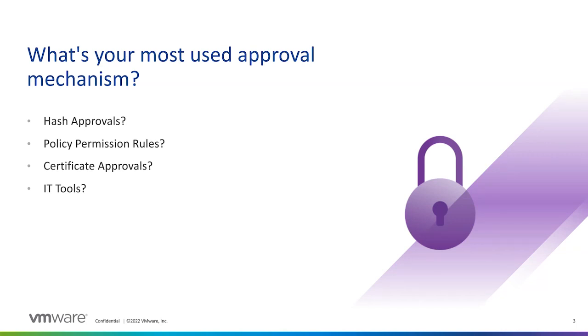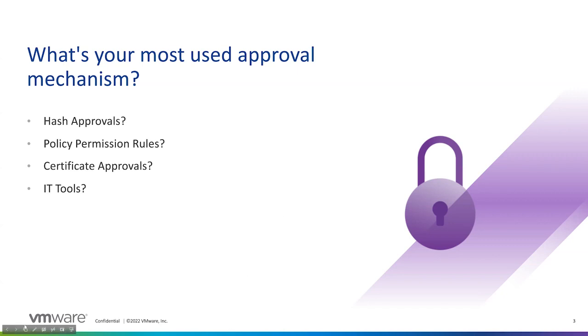It looks as though you've got a large quantity, 57% use hash approvals, 33% use policy rules, and 10% use certificate approvals. We got nobody on the IT tools. So I hope by the end of this call that you all walk away with a better understanding of at least IT tools, if not all of the approval mechanisms.